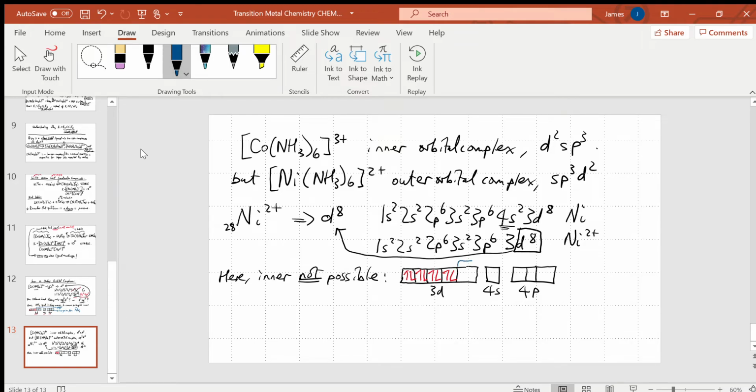So the only thing I've got left now is d2sp3. But I don't have d2sp3, so it's not possible, because I just don't have enough d's.